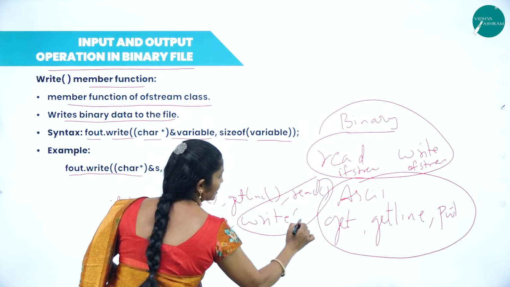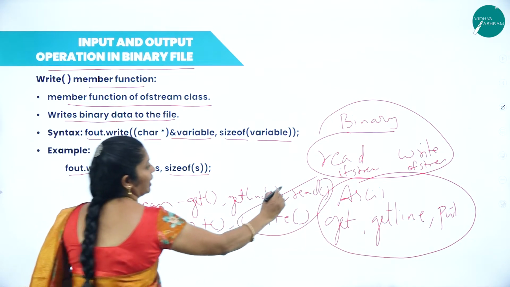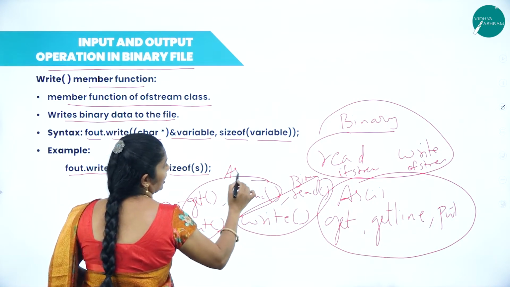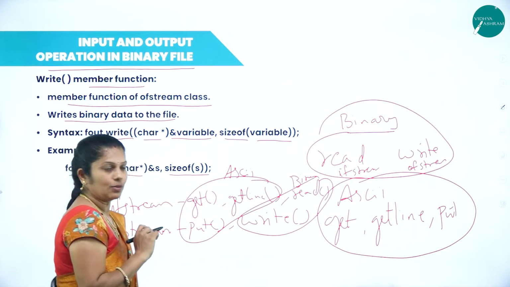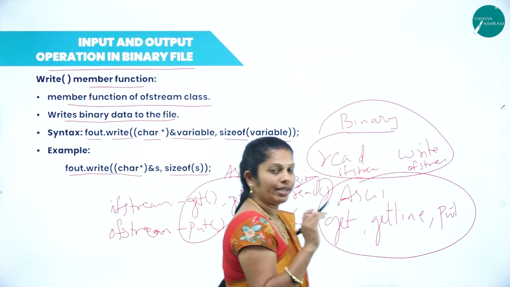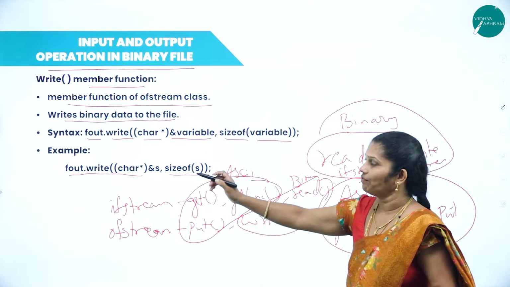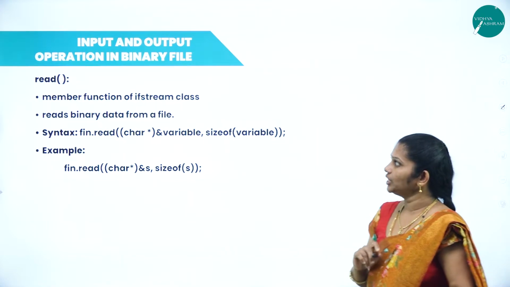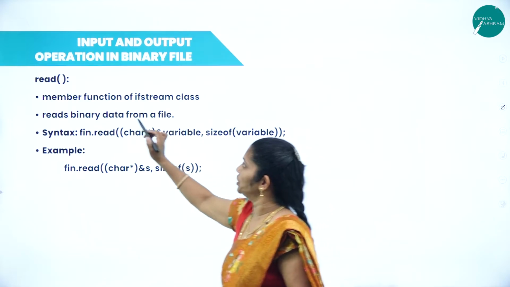Read as well as write are used when it is in binary format, whereas these three are used when it is in ASCII format. Is it clear? It means we can use the write function to print the data, especially in binary format.